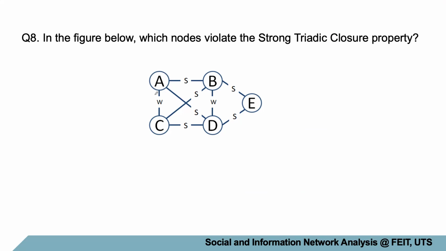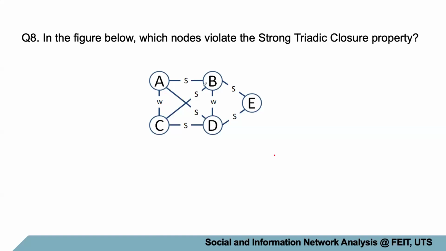For node A, it has these two strong ties, and there is an edge between B and D. And that's it for A. So A satisfies the strong triangle closure.